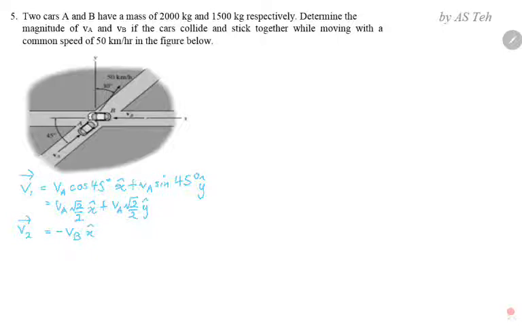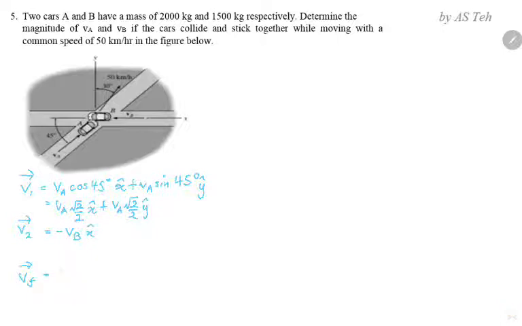Okay, and in momentum questions, you always use the situation where the total momentum of the system in the initial situation is the same as the total momentum after. So I'm also going to get the final velocity. This V final is the velocity where both of them merge and travel in that direction.